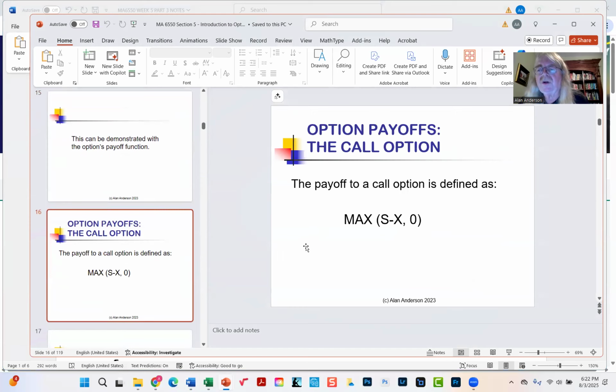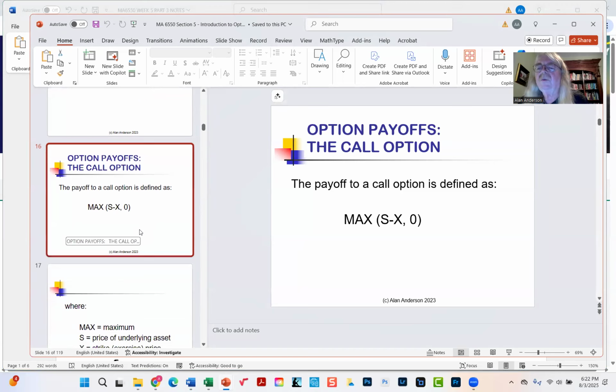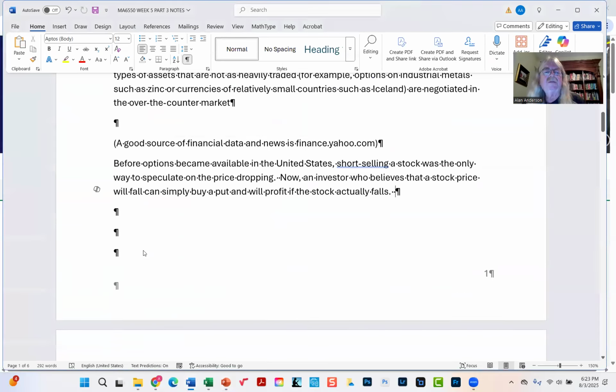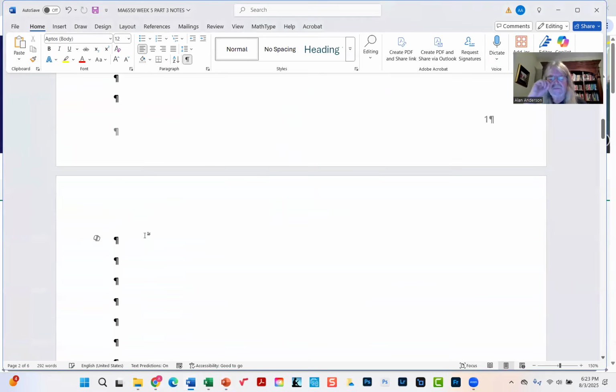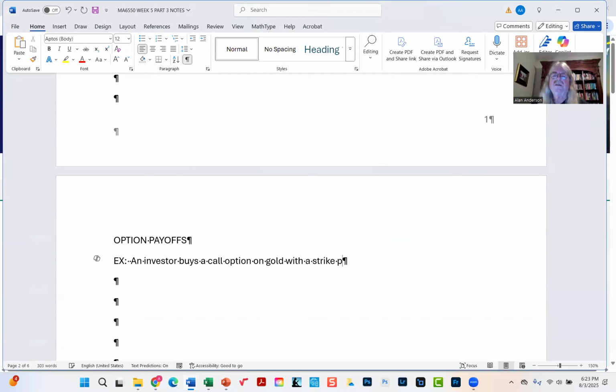So we're going to introduce a very important concept, the notion of the payoff. In order to make this easier to understand, I'm going to start out with an example of how a payoff works. Let's say, for example, an investor buys a call option with a strike price of 3,500 per ounce.